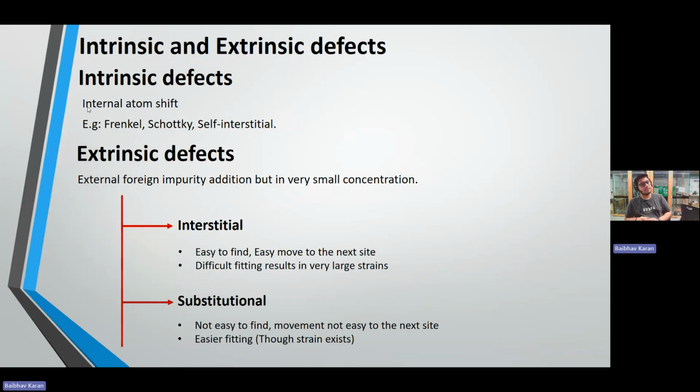The movement will not be easy because the substitutional sites are not vacant, but the fitting will be easier as these are lattice points. Still, the strain exists in the sample because the size of the foreign atom is different, so it creates a small strain field around these lattice sites.